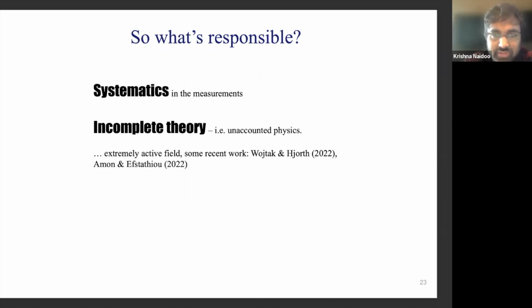Of course, this really needs to be looked at in great detail. But I think what most people are hopeful for is that this is actually evidence of maybe new physics. So if it is new physics, what is it?